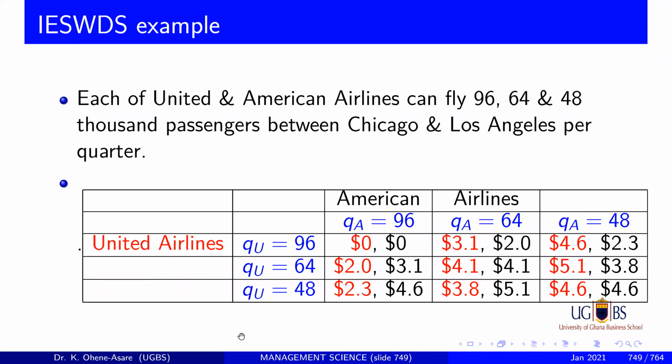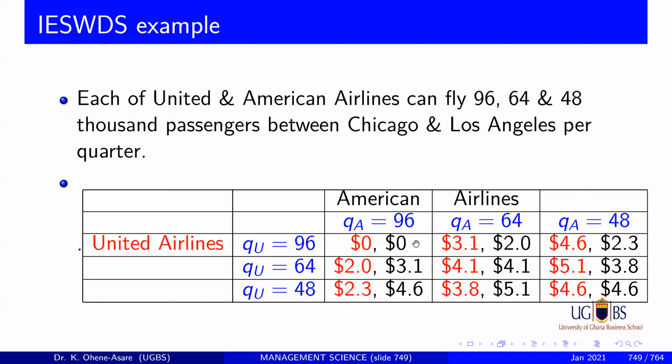Now, if United Airlines flies 96,000 passengers, whilst American Airlines flies 96,000 passengers, the payoff would be 0, 0, which is in millions of dollars. That would be the payoff.